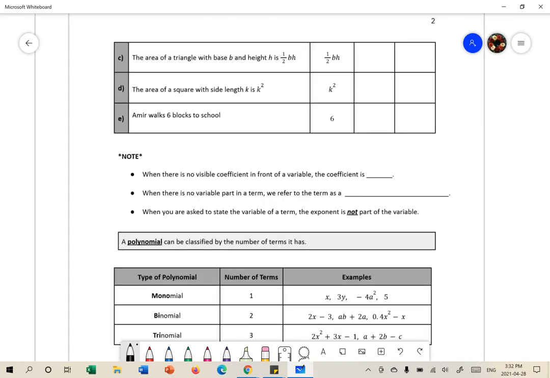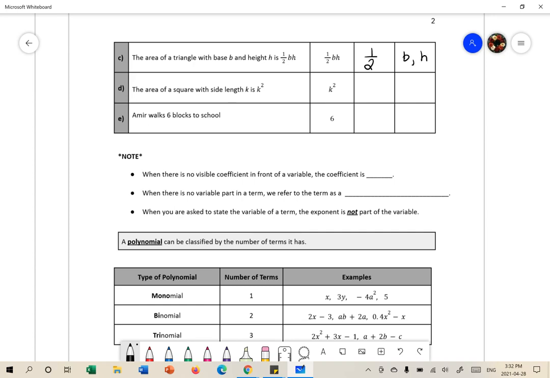The table continues on the next page. C, the area of a triangle with base b and height h is 1 over 2 base times height. The coefficient is 1 over 2, and there are two variables, b and h.